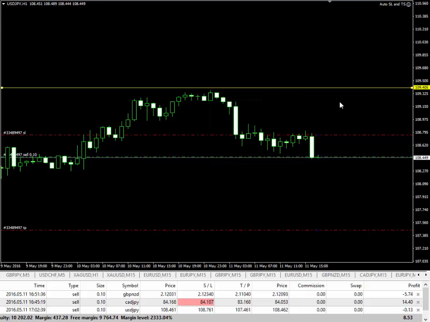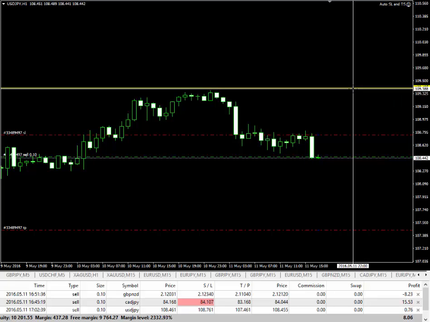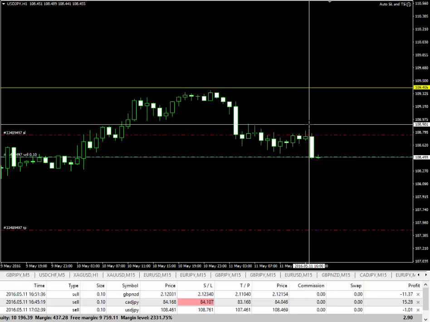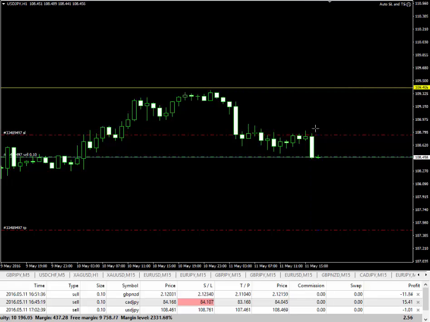But if we put that high stop loss, it's about 90, about 95 pips far away, which is a lot of pips. But I would say the ideal place for your stop loss is on top of the most recent high. This candle here is the most recent high, so we can place the stop loss above it.